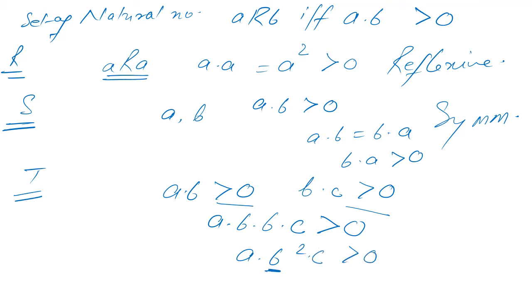Now B square I already know is greater than 0. A is greater than 0, B square is greater than 0, C is greater than 0, and the product of all three numbers will obviously be greater than 0. So if A is related to B and B is related to C, then A dot C will also be greater than 0. So this is a transitive relation.